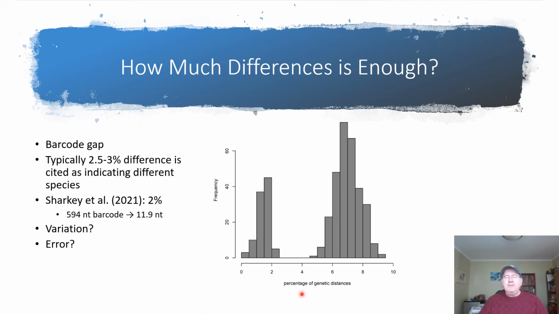This number empirically, though, seems to vary a bit. And it's commonly cited that a difference of 2.5 to 3% is a good threshold for distinguishing between species.